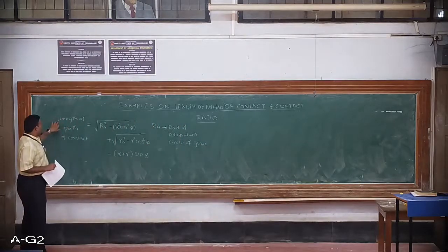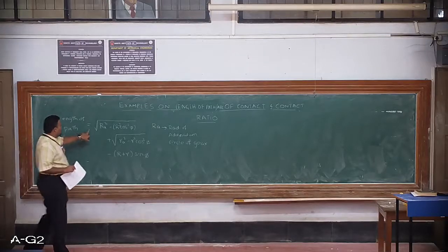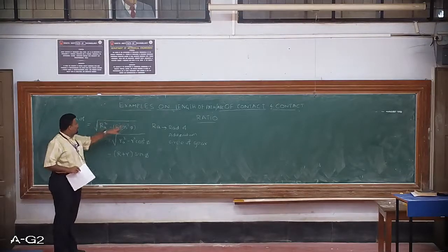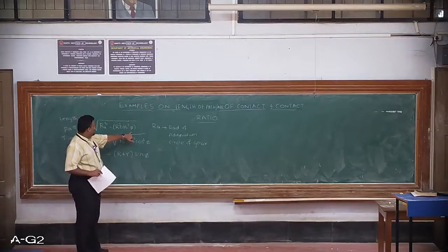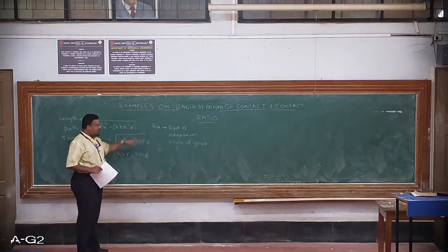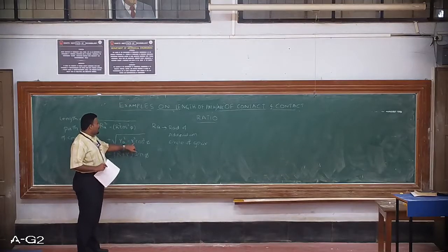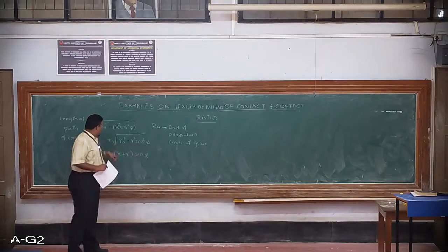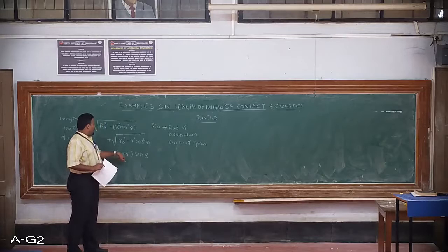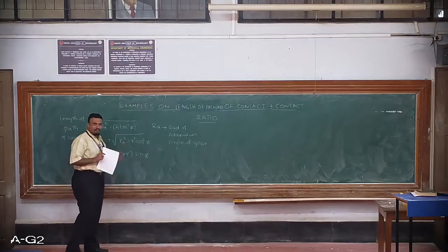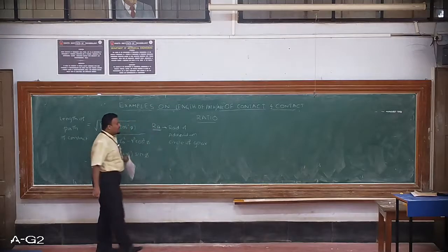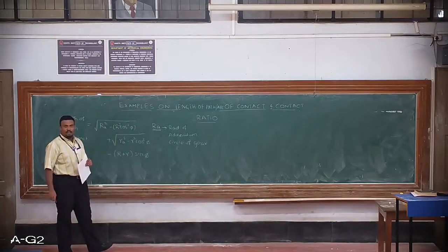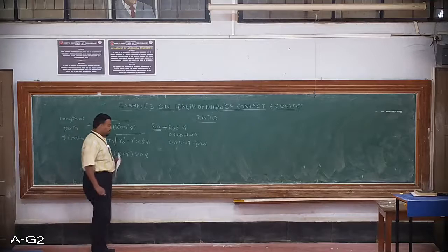So here the length of path of contact is given by the equation root of capital RA square minus capital R square cos square phi plus root of small RA square minus small r square cos square phi minus capital R plus small r into sin phi. So here capital RA is radius of addendum circle of the gear.